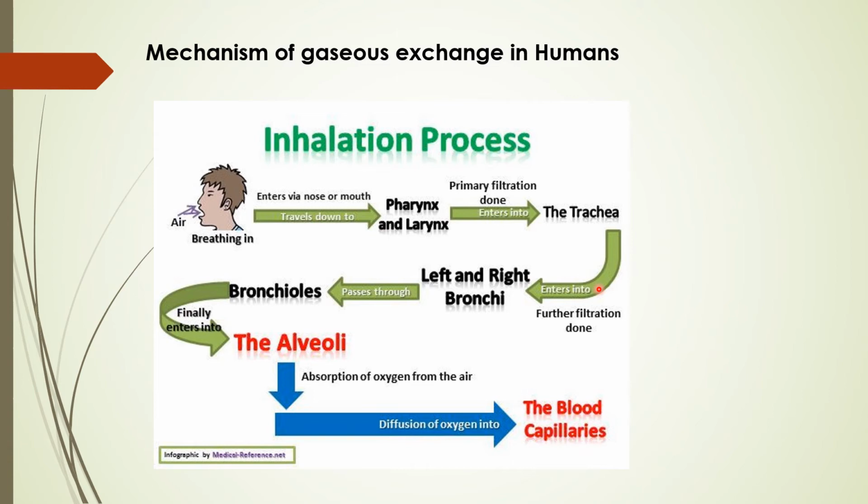So there is an increase of area in the thoracic cavity, and the amount of air is less. Due to that a pressure gradient develops, and oxygen starts entering from the atmosphere to the lungs. This is the process that we call inhalation.